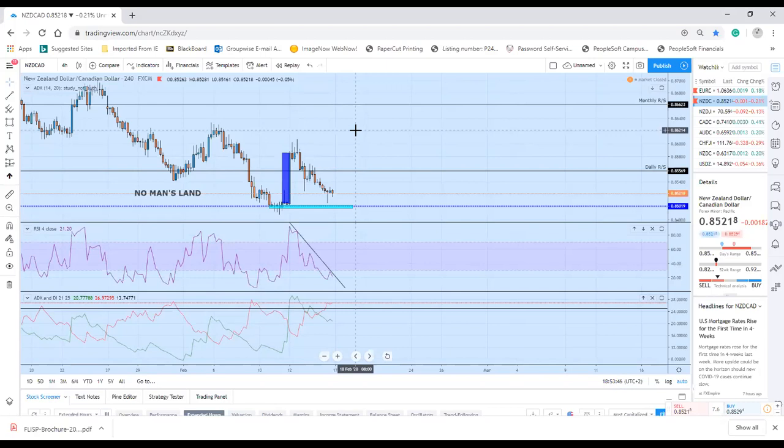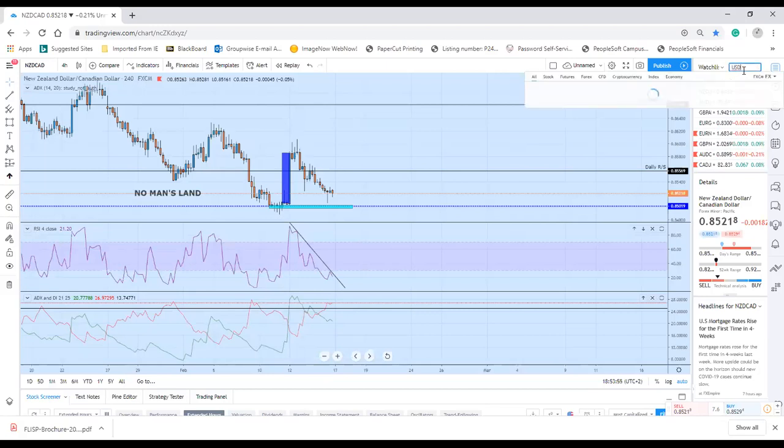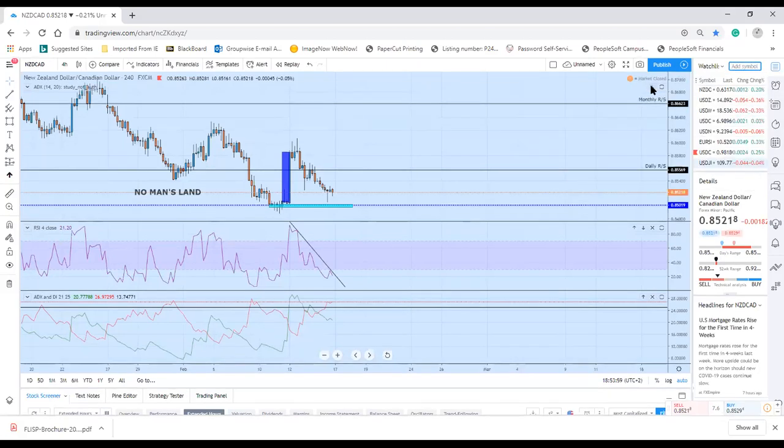My take on USD JPY. Let's see if I have it on the watch list. I don't think I had it on the watch list.